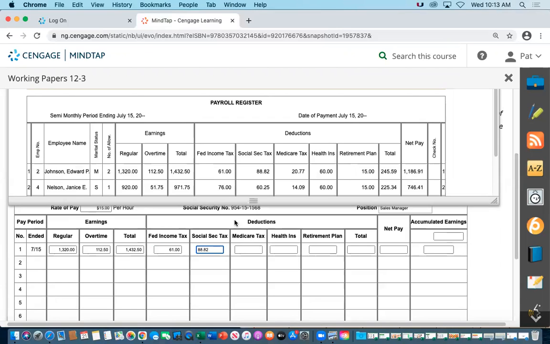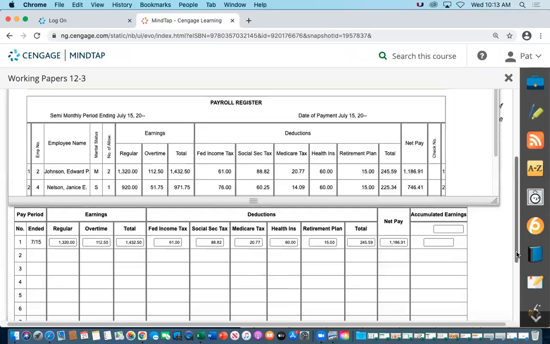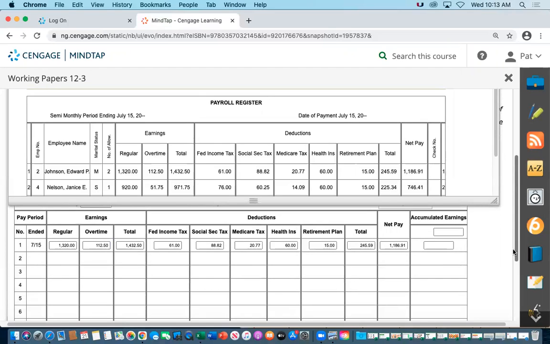We're just copying. In real life, the computer would just automatically update this. 245.59. We have net pay of 1,186.91. So you understand that in this employee earnings record, we're just taking the information from the payroll register, copying, typing and transporting.